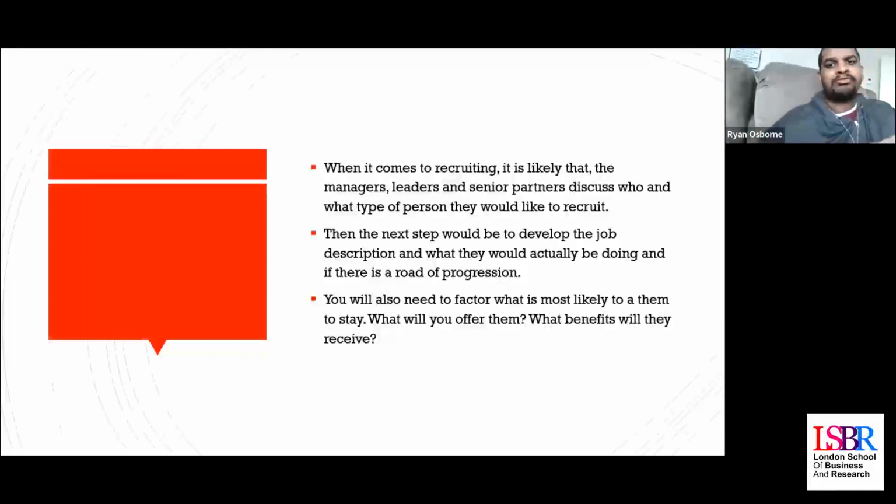So we've looked at the managers, the leaders, the senior partners, when they look for specific types of people in specific roles. The next stage is for them to develop a job description and what they would actually be doing.